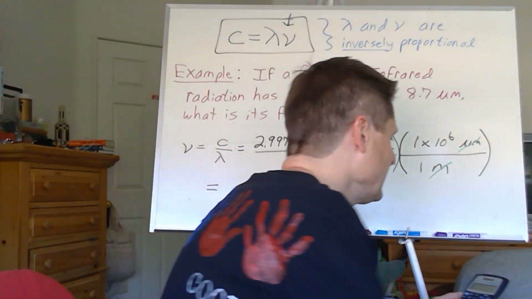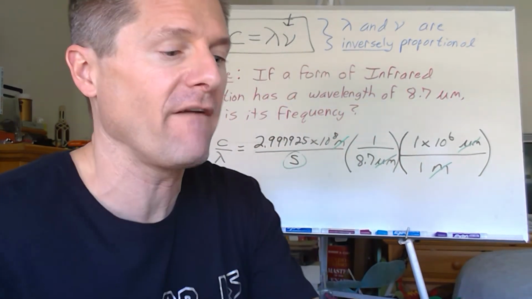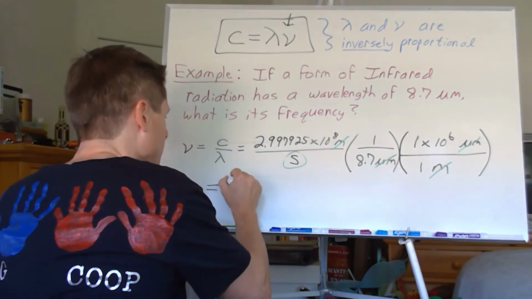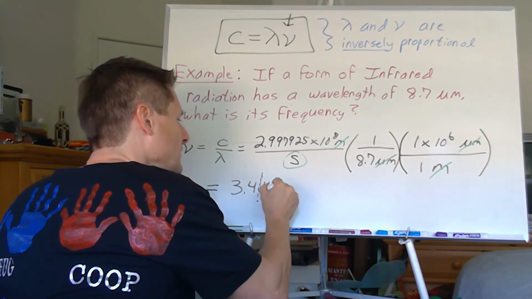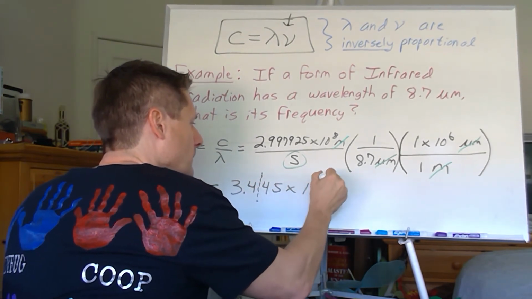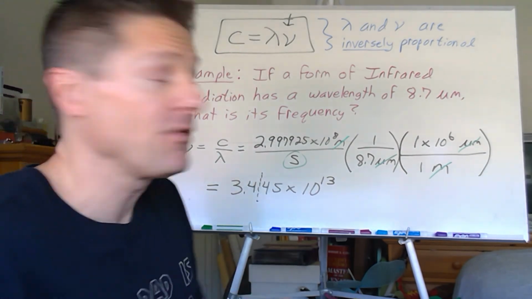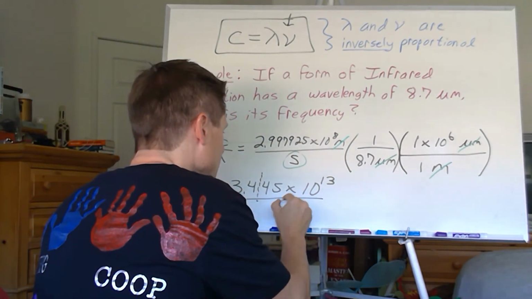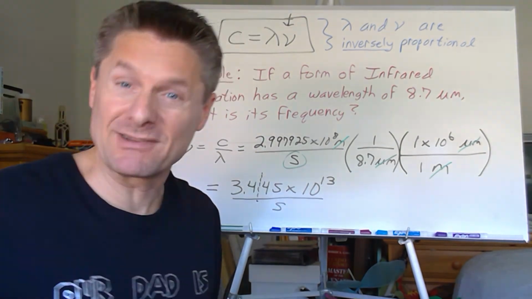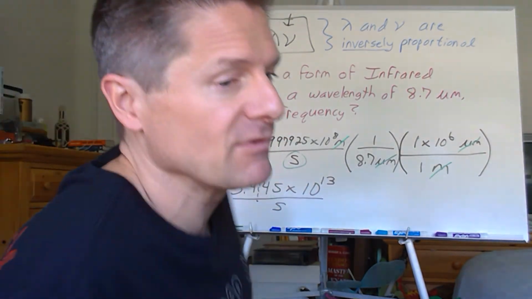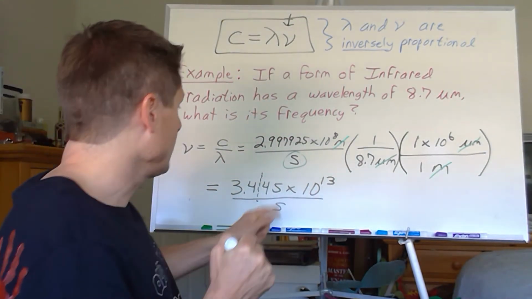So to 2 sig figs, that looks like a 3.445, with a vertical dash line between the 4s, times 10 to the 13th inverse seconds. Right? That's a big number. Frequencies are big numbers. That's another reason I like wavelengths, because frequencies are so huge. So that's not going to round up.